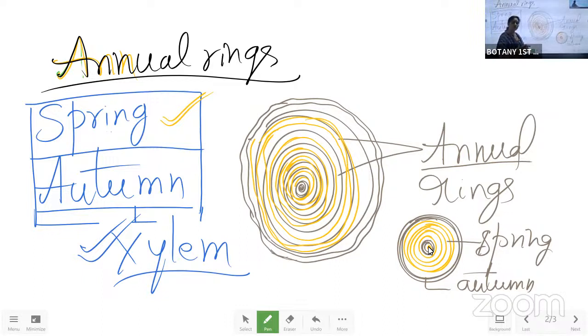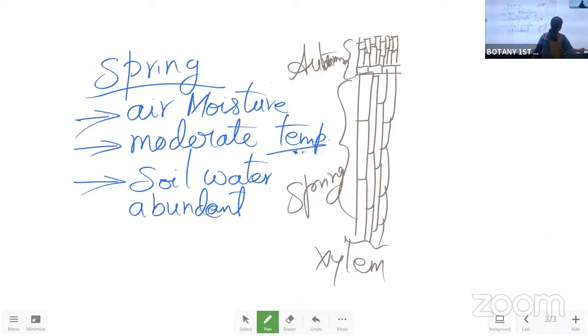So when we count only one kind of rings in the tree trunk, otherwise in the log, we can say the somewhat nearby age of the plant body. That type of study of the annual rings to determine the age of the plant body is called dendrochronology.